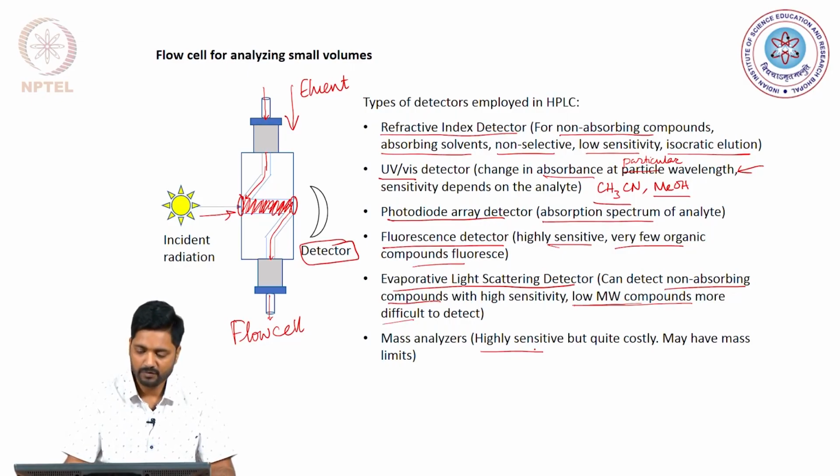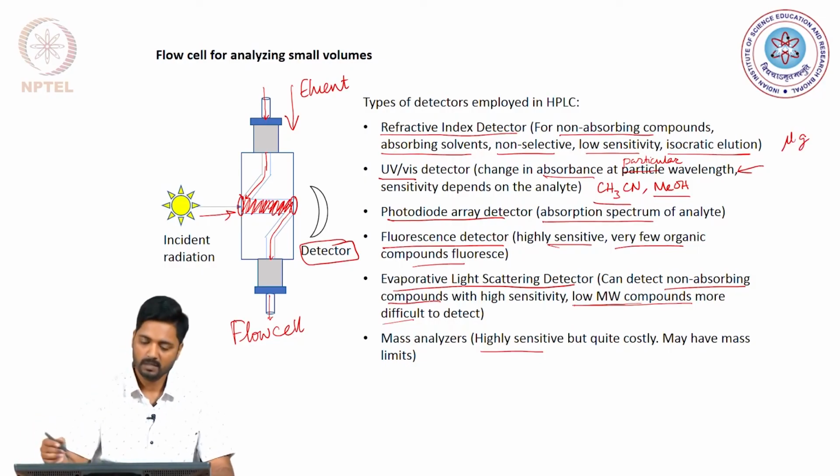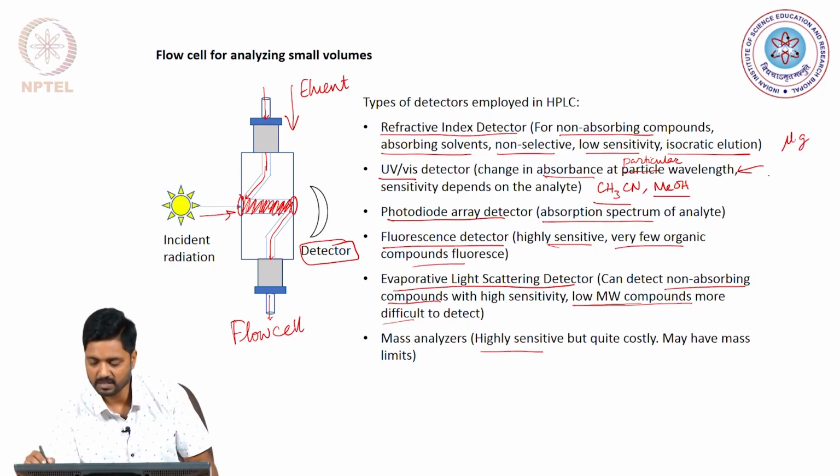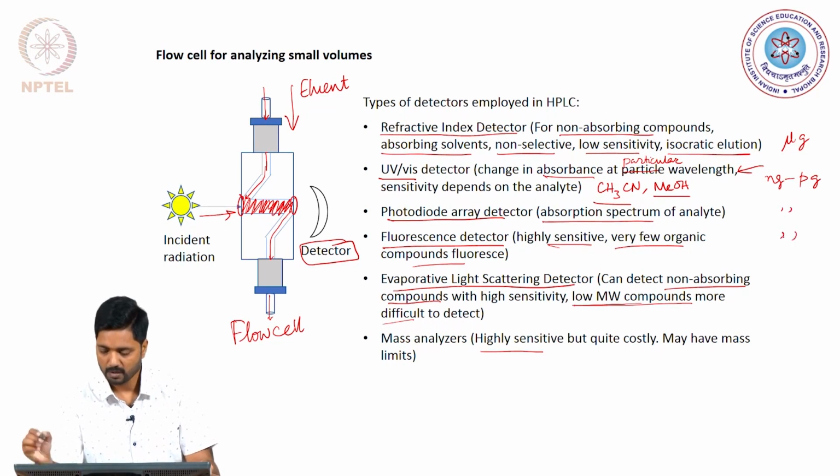So, if I were to list out the sensitivity of these detectors, the refractive index can sense in the range of microgram. UV vis detector will sense in the range from nanogram to picogram depending on how absorbing our analyte is, and the same will be true for the photodiode array detector and the fluorescence detector.